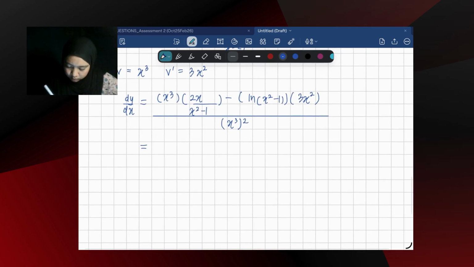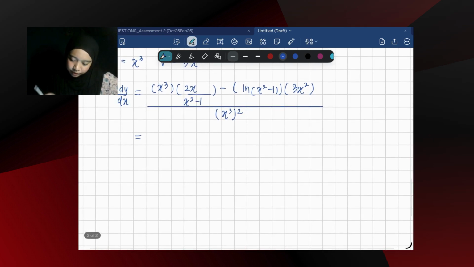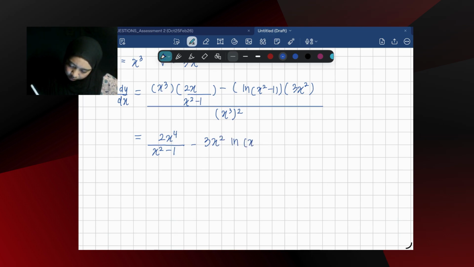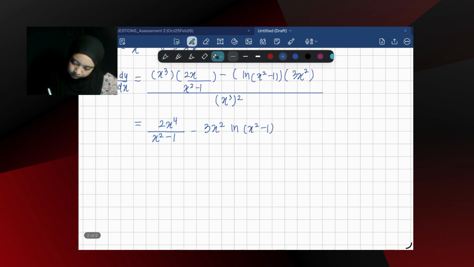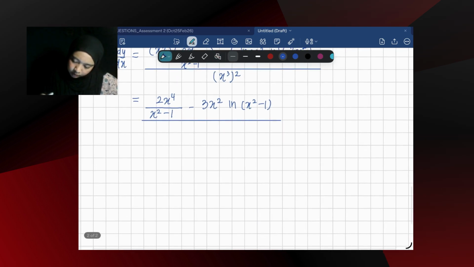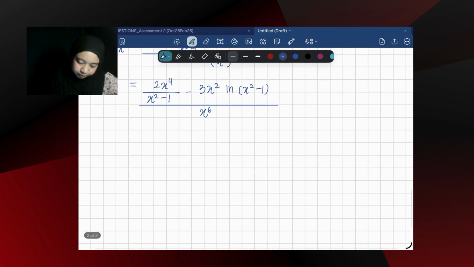Next step, we simplify this equation. So we get 2x to the power of 4 over x squared minus 1, minus 3x squared ln of x squared minus 1, over x to the power of 6.